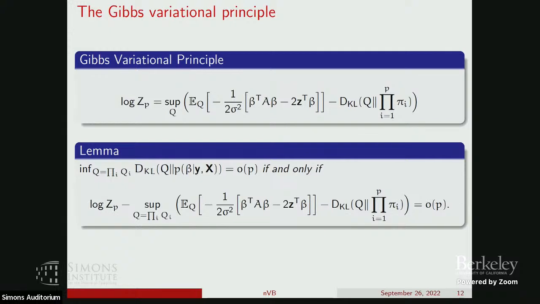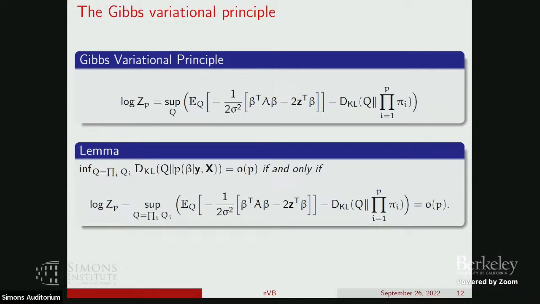The reason why I introduce the normalizing constant or the partition function is that there is a very clear connection between the partition function and the accuracy of the naive mean field approximation. And this is direct. This is just some algebra once we write out what the KL divergence is.